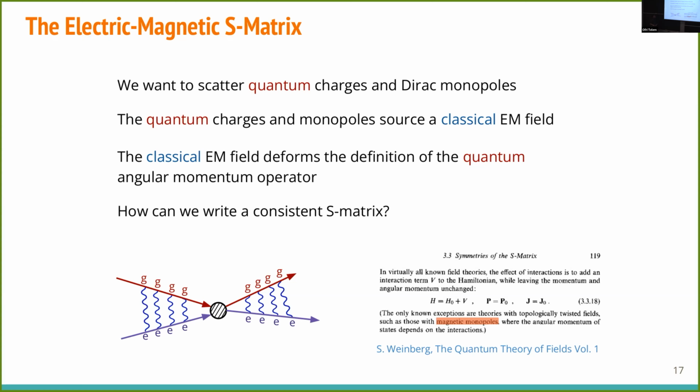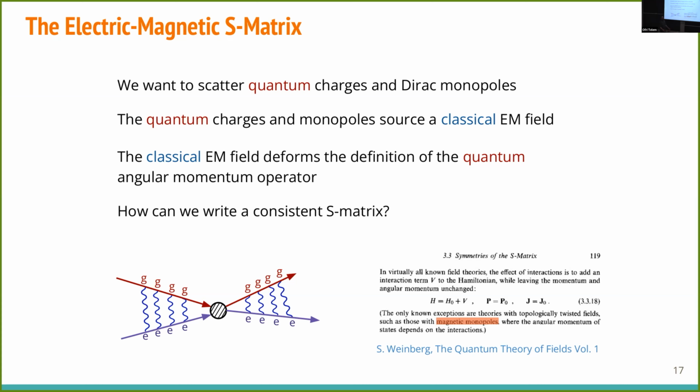and after the scattering. And indeed, I was pretty happy to find out that something like half a year into this work, I was randomly reading Weinberg's book. I was reading chapter 2, and in his construction of the S matrix, he has this comment that the J of the angular momentum of the interacting S matrix equals the J of the non-interacting S matrix, and the only known exceptions are theories with topologically twisted fields, such as those with magnetic monopoles.